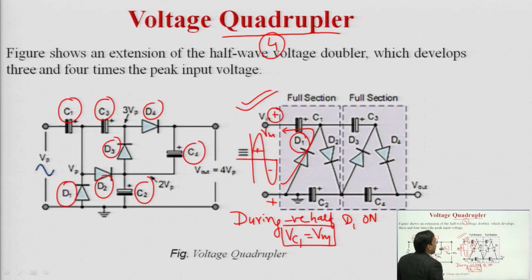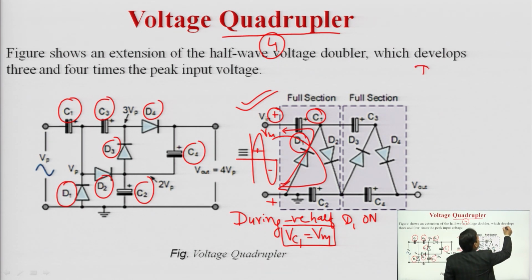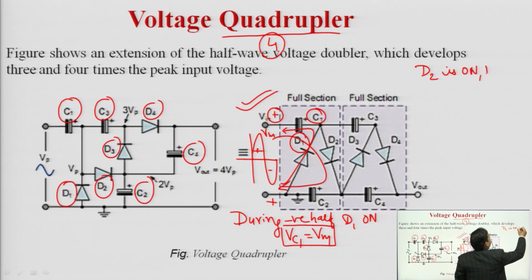This is the path now, and the capacitor C2 will be charged with the help of the input signal as well as the capacitor C1. So, D2 is on and D1 is off.